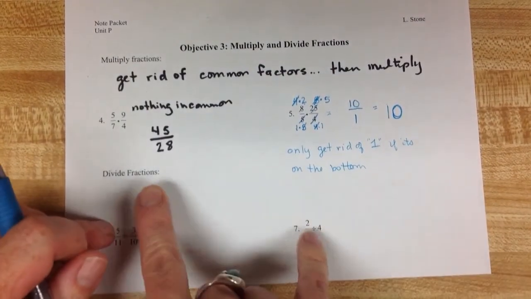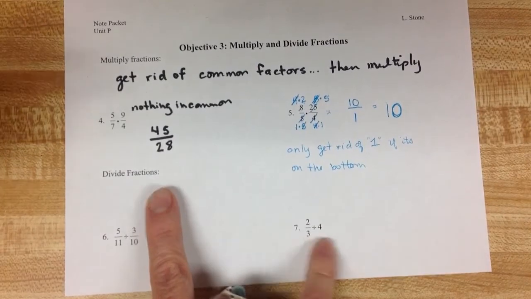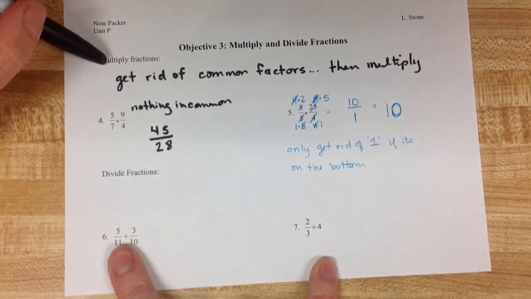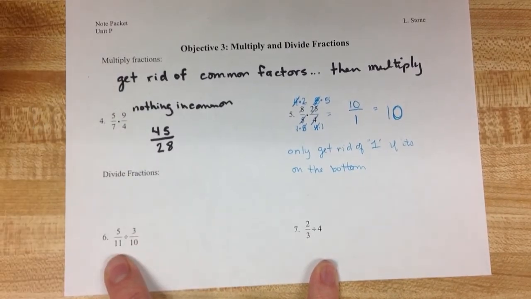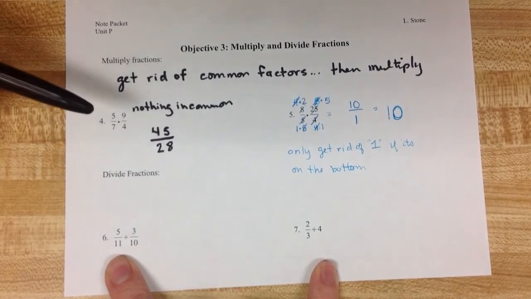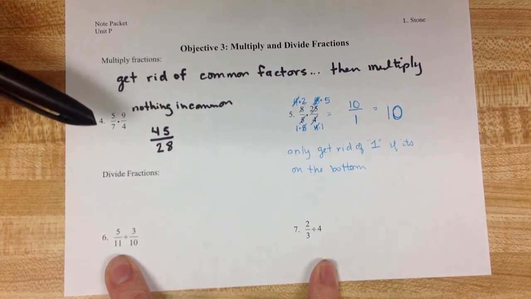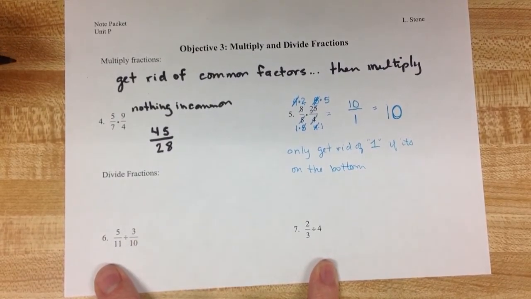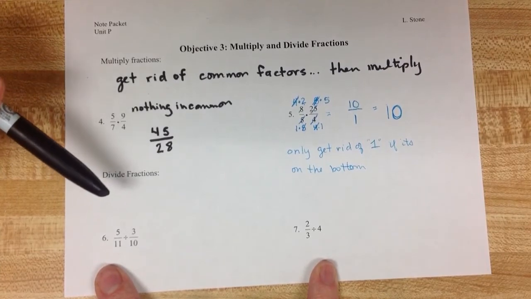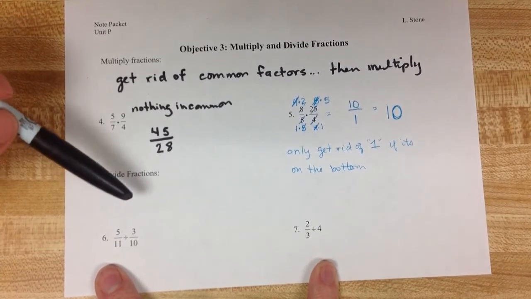Okay? Dividing fractions is very similar to multiplying fractions. The only change is that we're going to find the reciprocal of the second fraction. And for purposes of this course, I'm not even going to make you memorize the word reciprocal. Many of you may remember this from a previous class as being copy-flip or copy-flop.